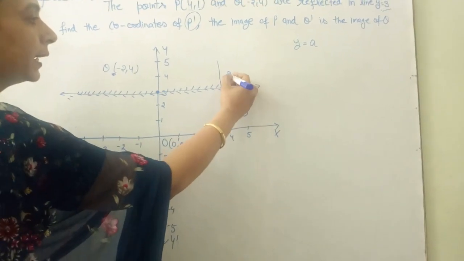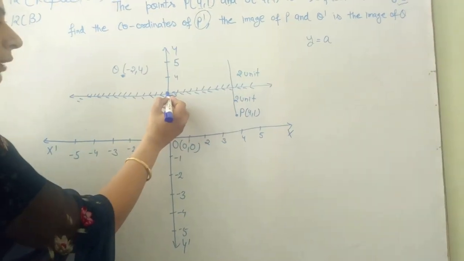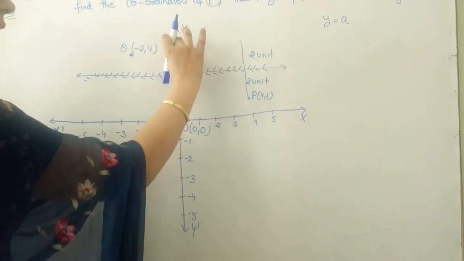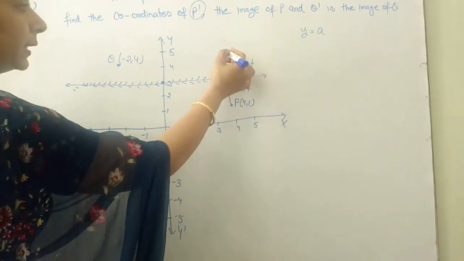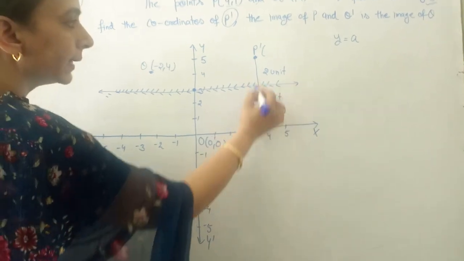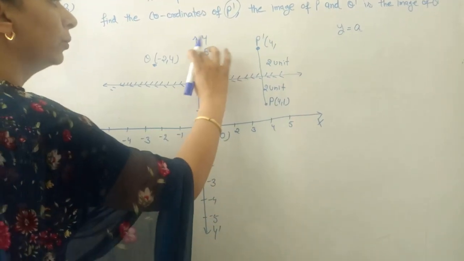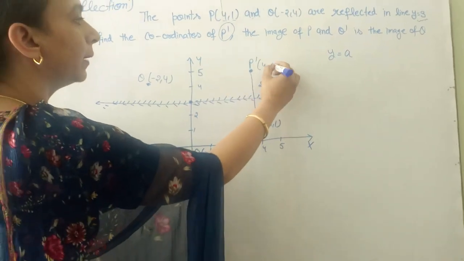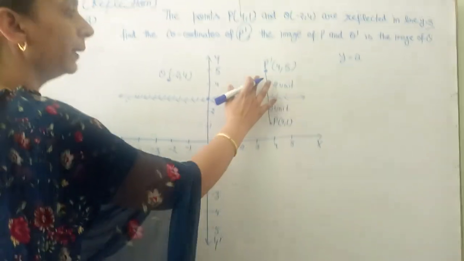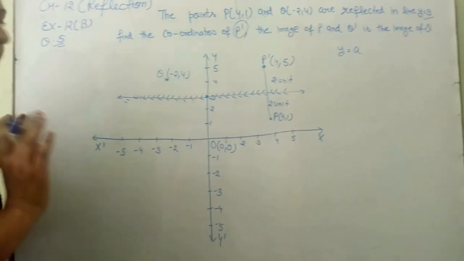Then the same distance, 2 units, beyond y equal to 3: next y equal to 4, next y equal to 5. So this is the image of P, P dash, and x is the same, 4, and y equal to 5. Then the coordinate of P dash is 4, 5.